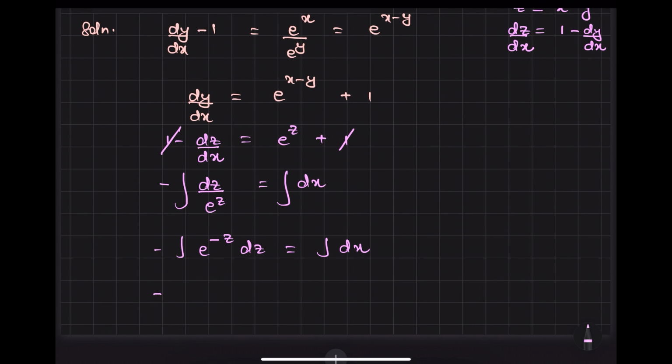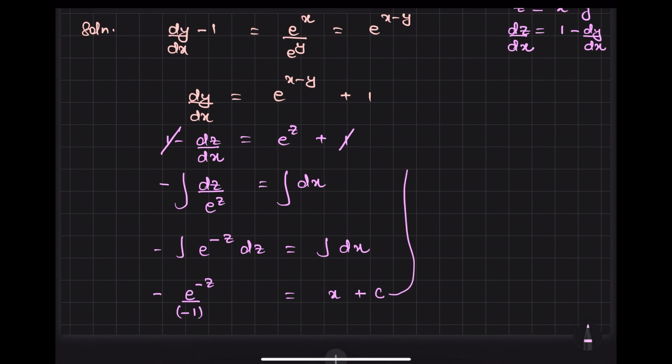You know that integration of e power x is e power x. But this is e power minus z, so can I write e power minus z by minus 1? You have to divide by the coefficient of the variable. And then we have integration of 1 as x plus integration constant c.